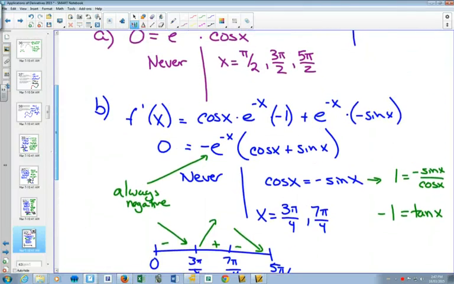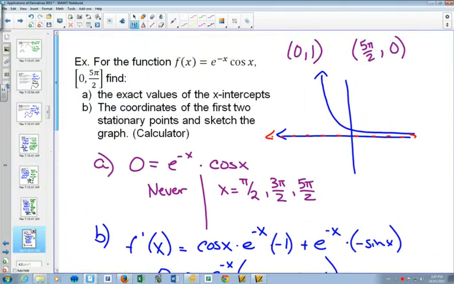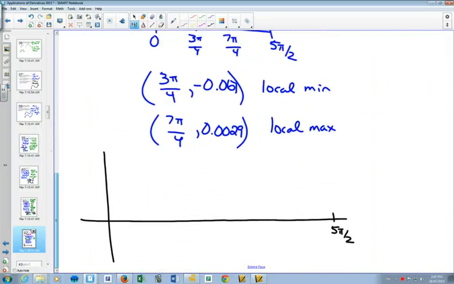We know that it's decreasing and our starting point is at 0, 1, and at 5 pi over 2 it's back here at 0. So at 5 pi over 2, we're back here at 0. I'm going to put 1 up there, and we know that at 0, we're at 0, 1.